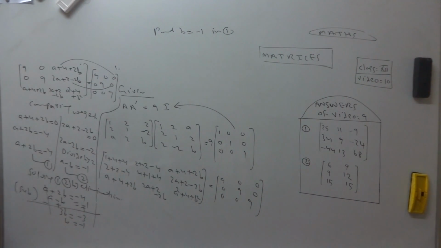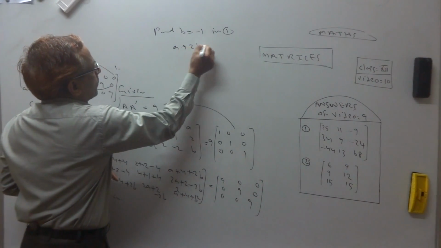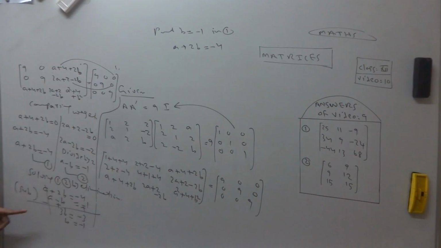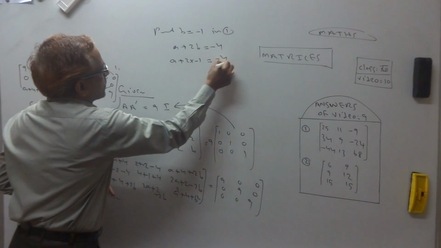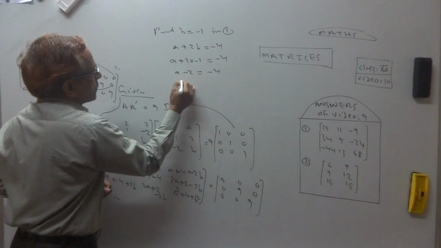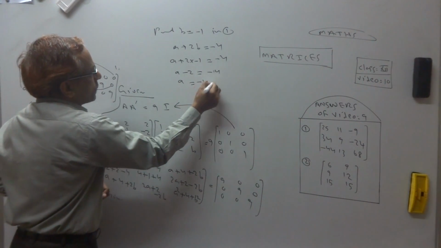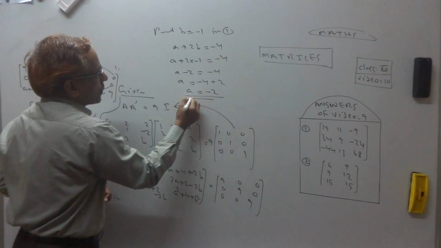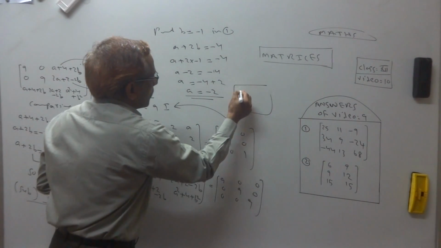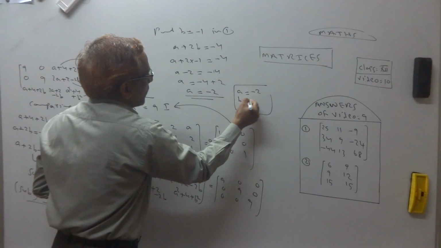A plus 2B is minus 4, so B is minus 1. A minus 2 is minus 4. A is minus 4 plus 2, A is minus 2. So I got the answers: A is minus 2, B is minus 1.